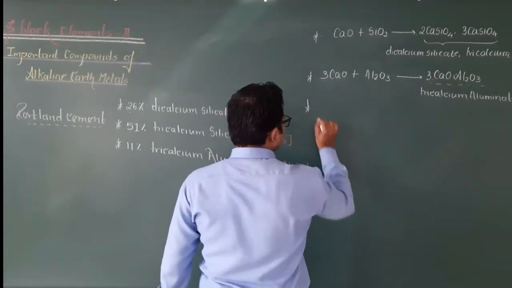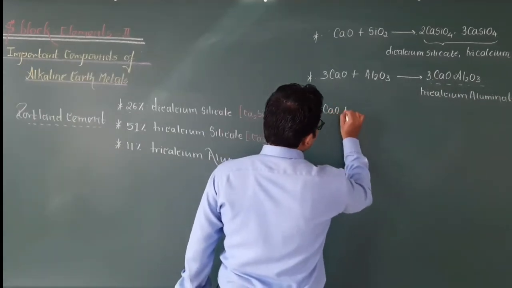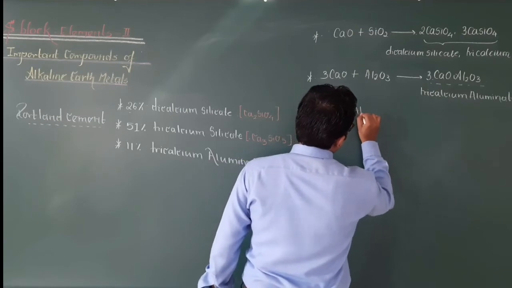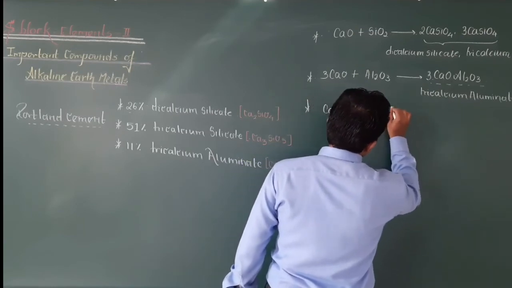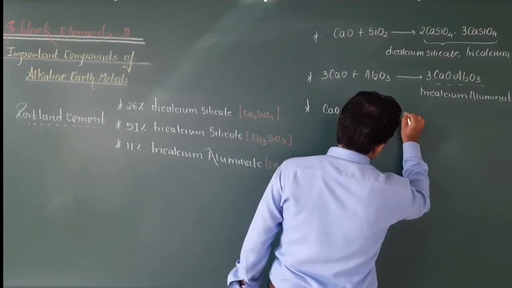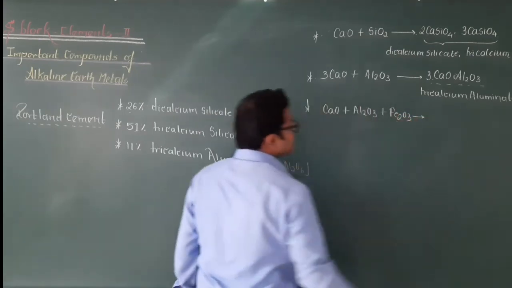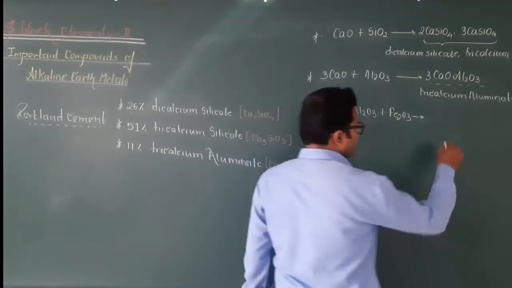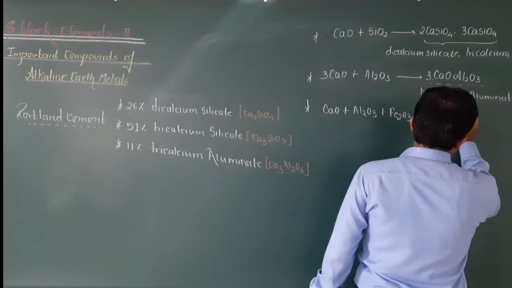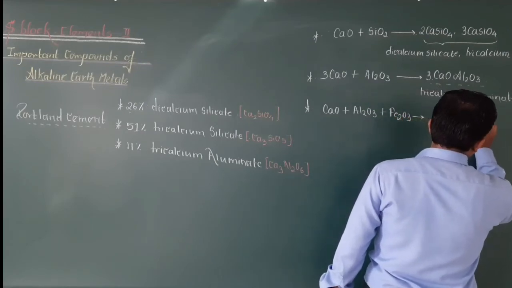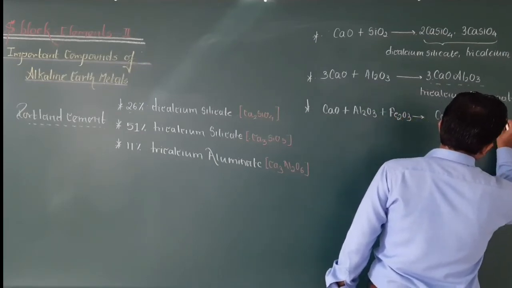As we take a look further, as calcium oxide reacts with Al2O3 plus Fe2O3, this particular combination is going to give us 4CaO·Al2O3·Fe2O3.